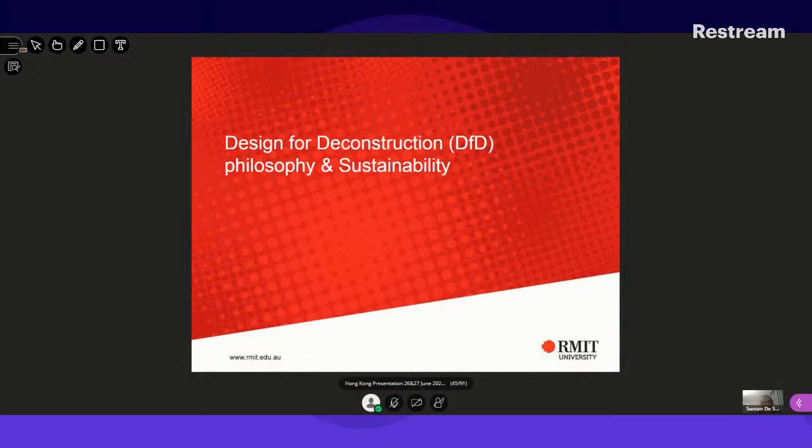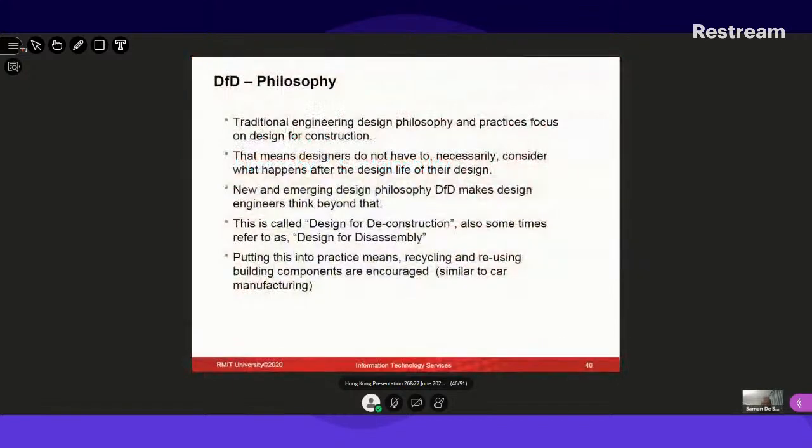That is why we used to design for construction all the time. But in future, we will be looking for design for deconstruction as well. Construction is important, but from a sustainable point of view, you should also be able to see design for deconstruction. Okay.